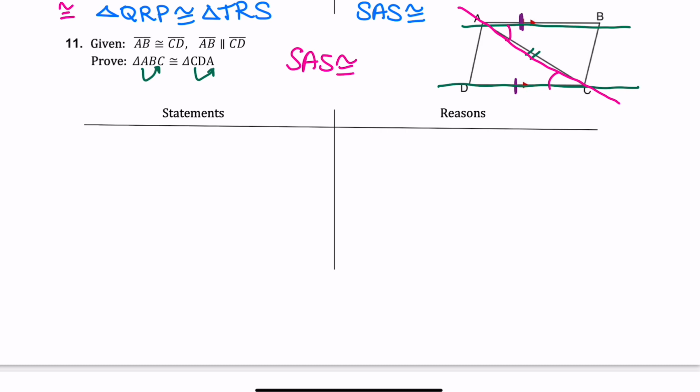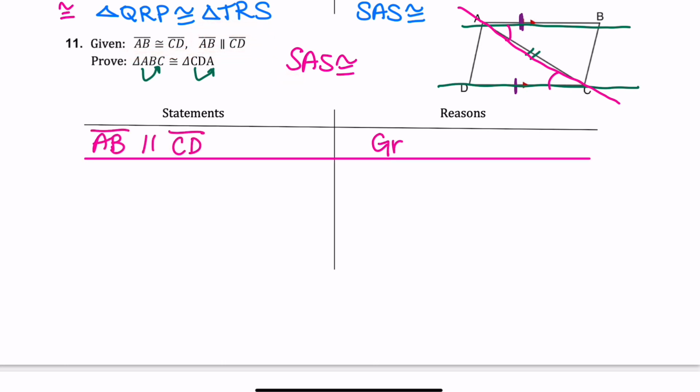So we're going to use that. We're going to write our given information. I'm not going to write this part down first because that is a side, and I'm going to put that with my side here. But before I start, I am going to write that AB is parallel to CD. And the reason for that is given.